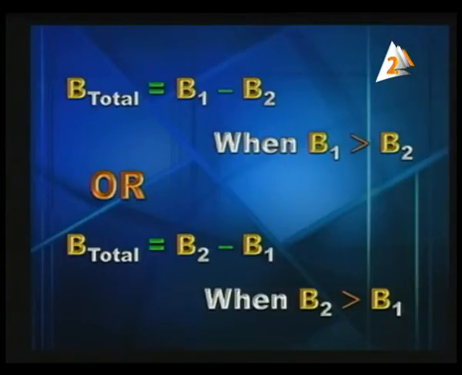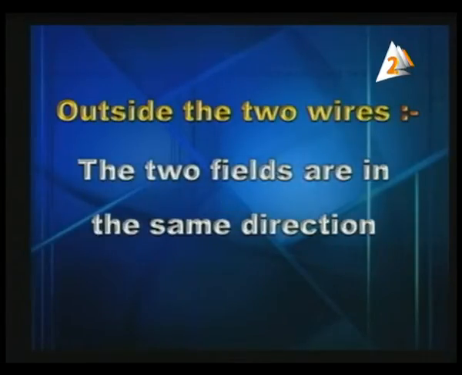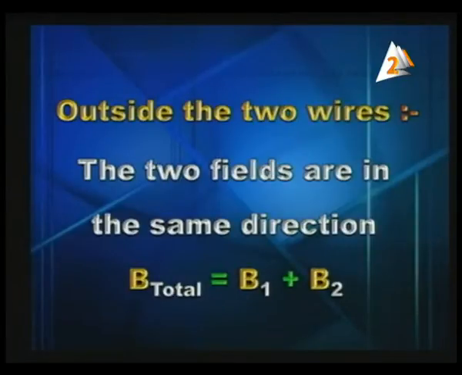This is the total field in between the two wires. Outside the two wires, the fields have the same direction. So B total is determined by the expression B1 plus B2.